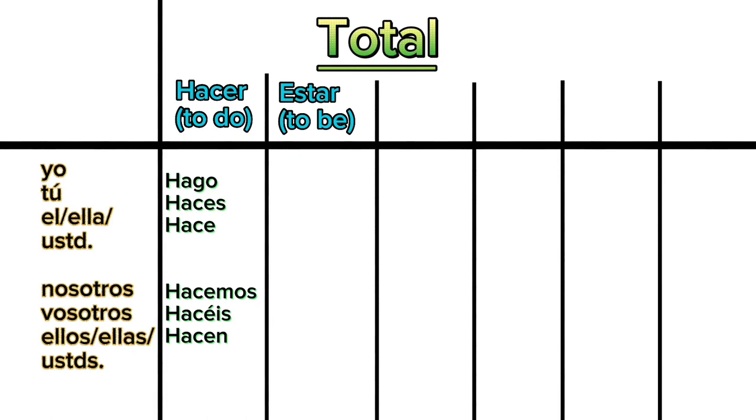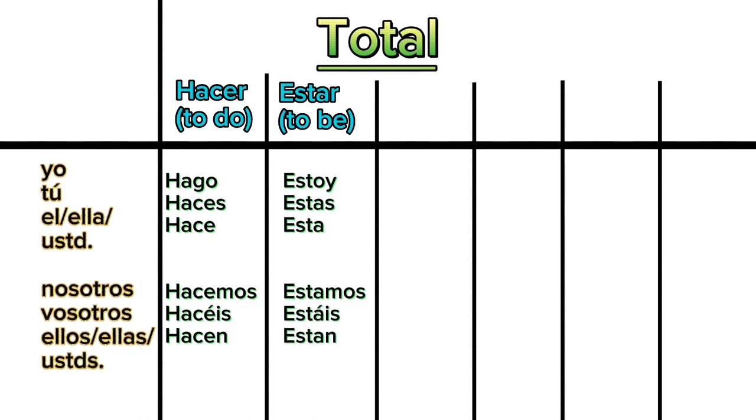We answer him, estoy bien. So, what does it mean? It means, I am good. So, estar means to be. The yo form has the conjugation of estoy. This you need to keep in mind, and all the others are the same: estás, está, estamos, estáis, están.